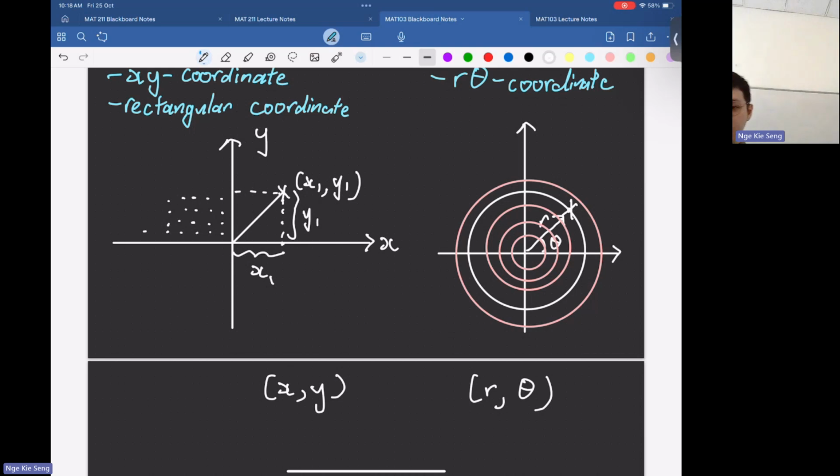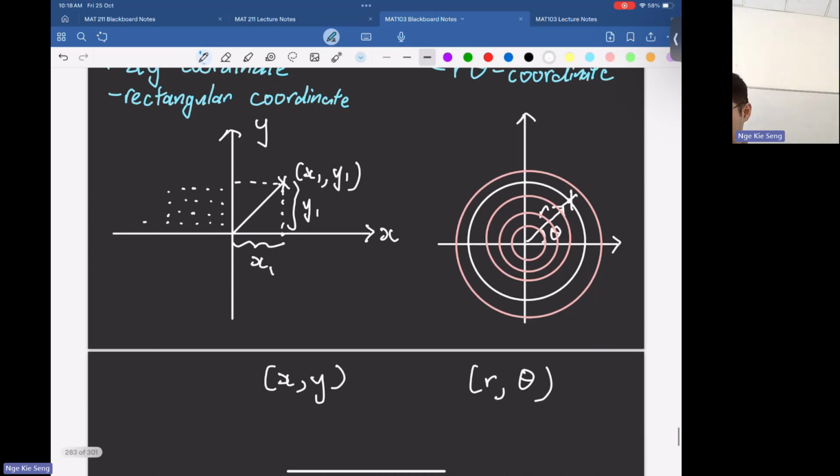Let's do one direction first. Which direction? Let's say we know which circle it lives on. I know the radius already, I know theta already. Can you give me the xy coordinate? So let me draw on this picture here. Let's say we want to figure out what's the xy coordinate of this point.